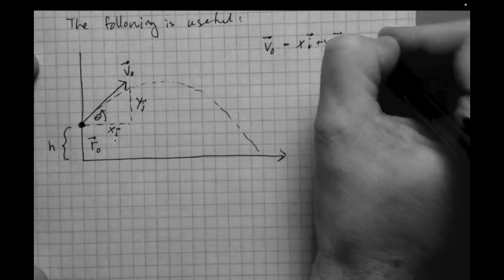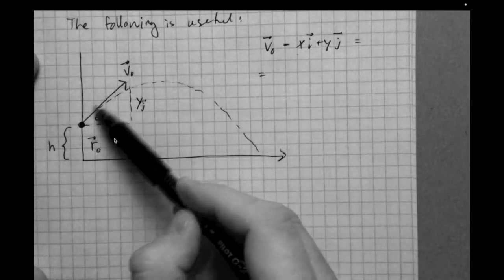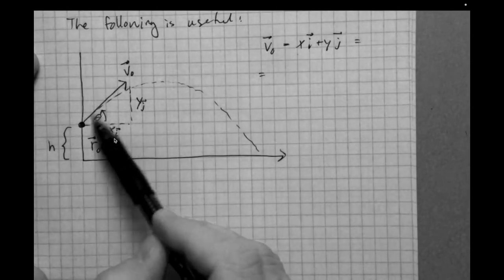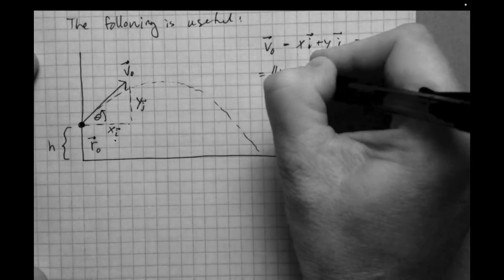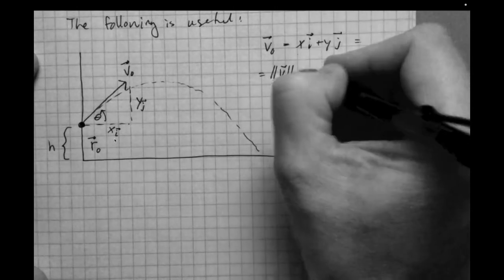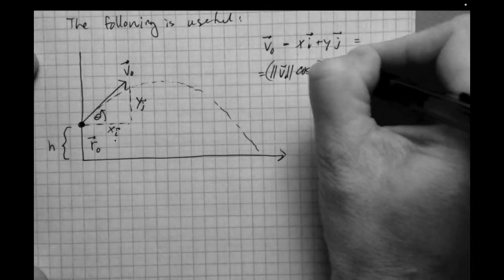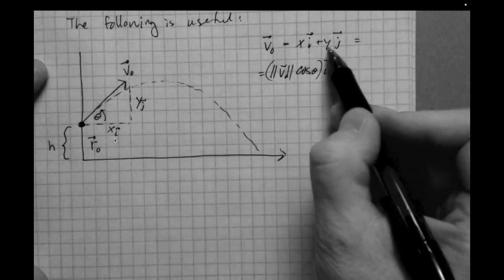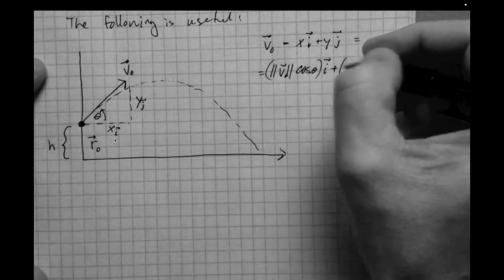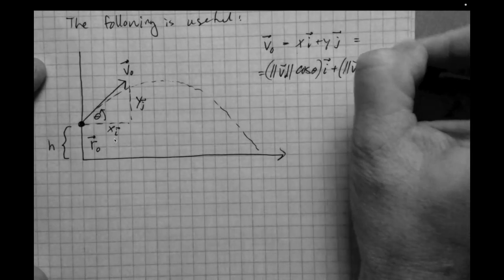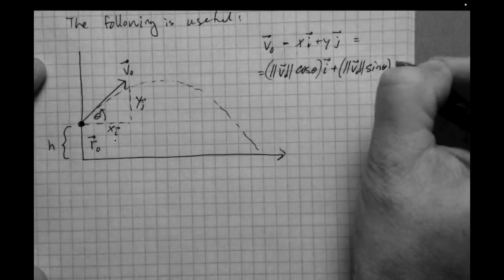And what is that? Well, xi is going to be the magnitude of the velocity times the cosine of this angle theta, since cosine is the horizontal. So it'll be the magnitude of the velocity, namely the speed, times cosine of theta, and that's going to be the i component of velocity. And what about the yj? Similarly, it's going to be the speed again, times the sine of theta, times the j vector.